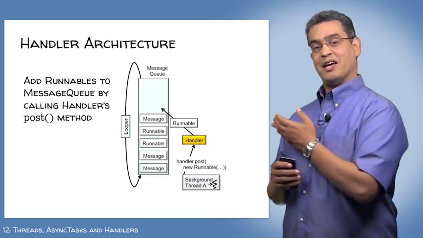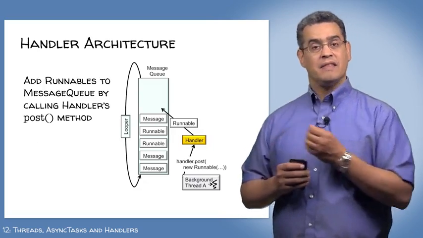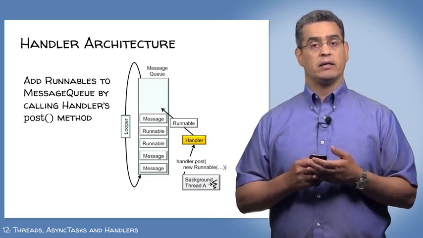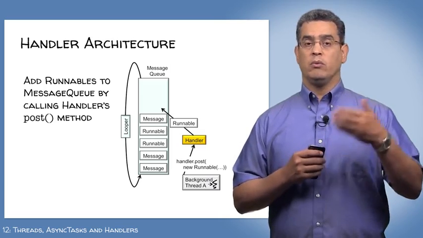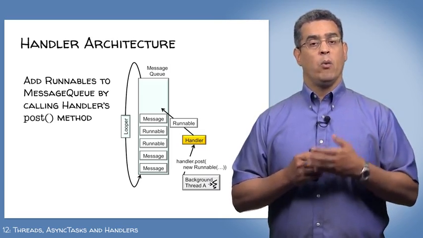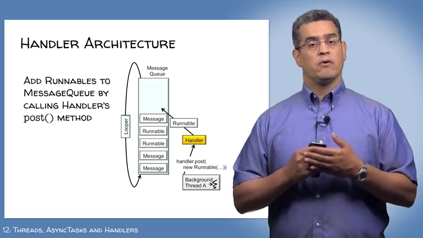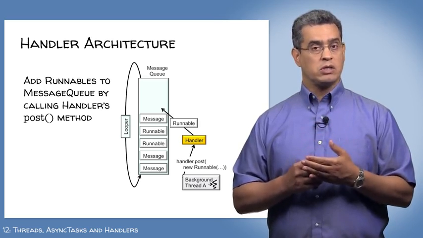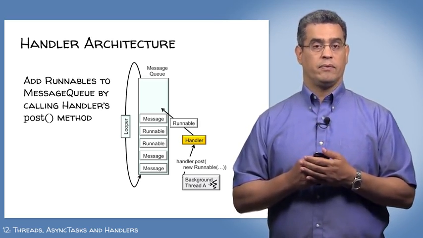Now this graphic depicts a thread A that has created a runnable and that has used a handler object to post that runnable to the handler's thread. When thread A does this, the runnable is placed on the message queue of the thread associated with the handler.